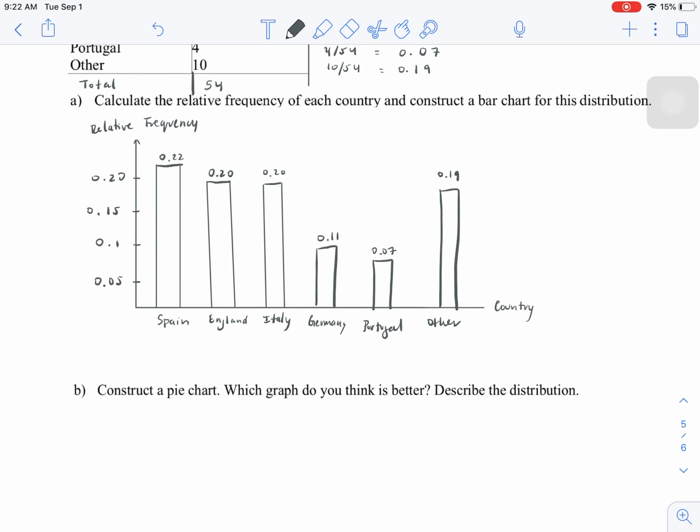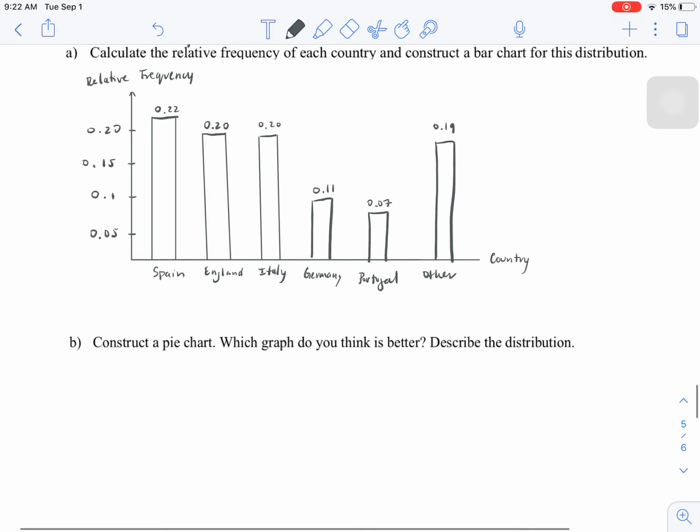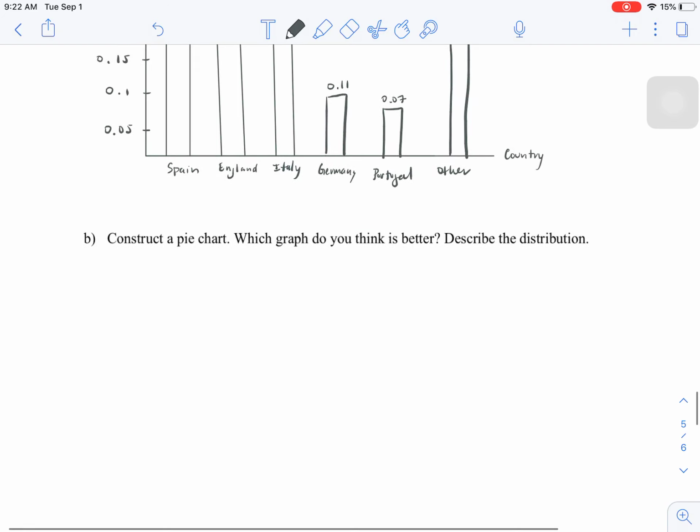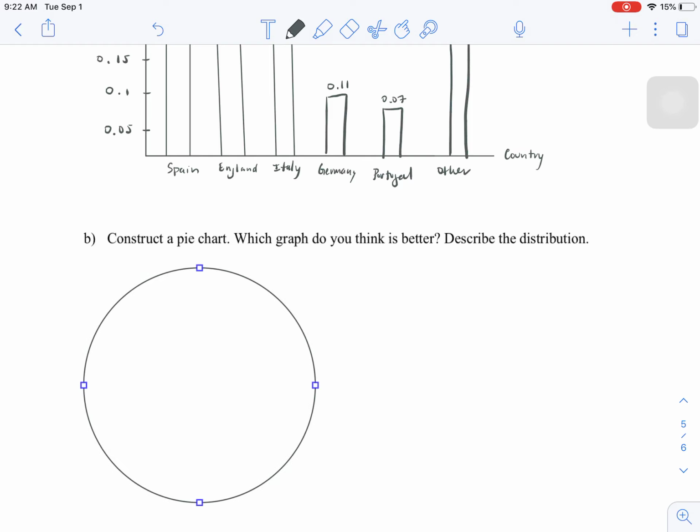So a bar chart is one way to visualize this table or distribution, as we might call it. Another way to visualize it would be to draw a pie chart. So to draw my pie chart, I'll start out by drawing a big pie.